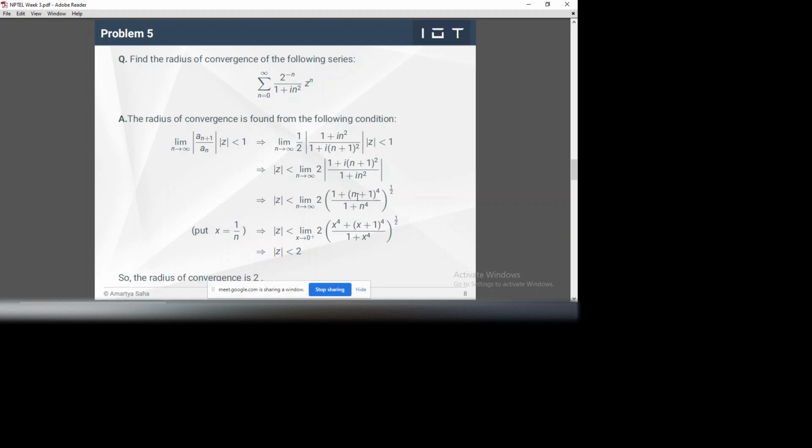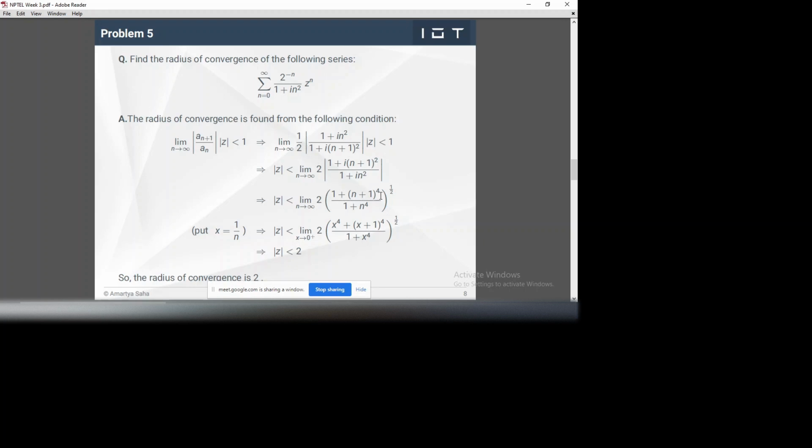As n goes to infinity, you see in the numerator the maximum power of n is n to the power 4, and the coefficient of that term is 1. Similarly, you can drop the other terms that are of lower power in n in comparison to n to the power 4, because we are looking at the limit n going to infinity.